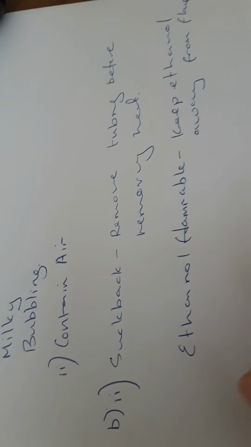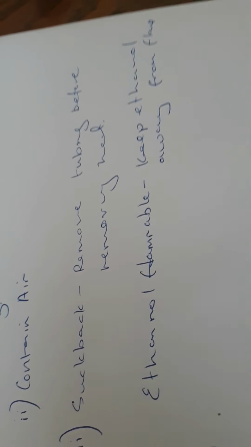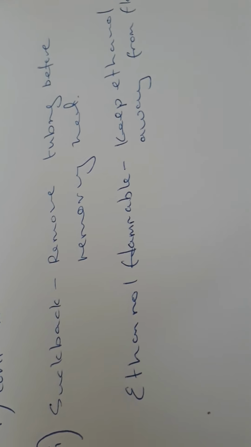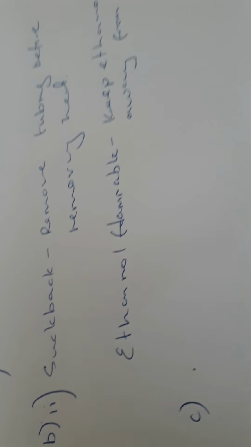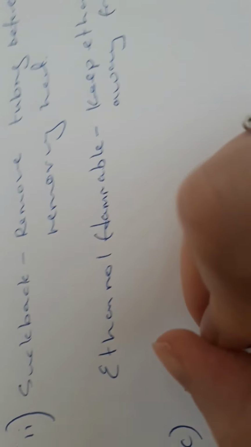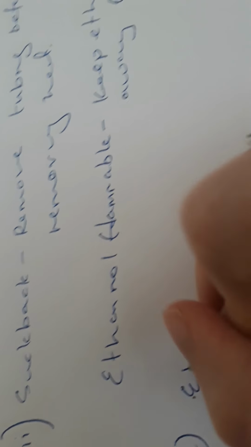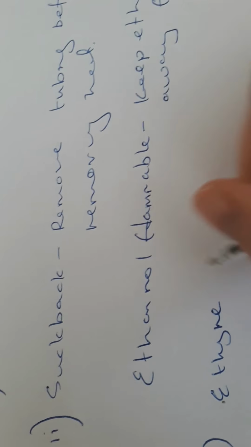Combustion tests then are carried out on the ethene and ethine, 2 observations. So in this you're actually pretty much asked to compare. So you have to state that they both burn with a luminous flame, okay?